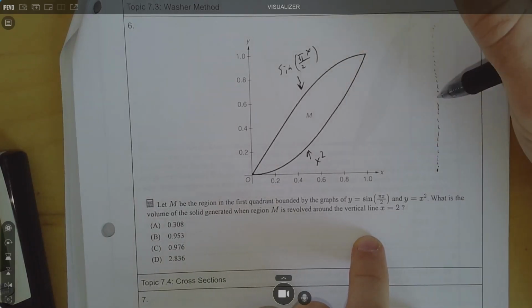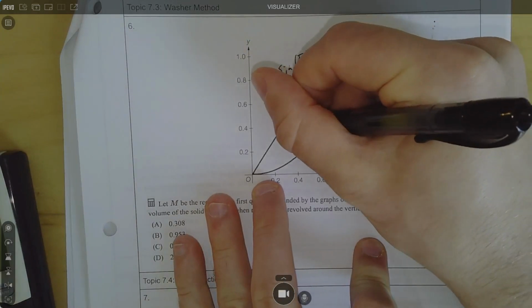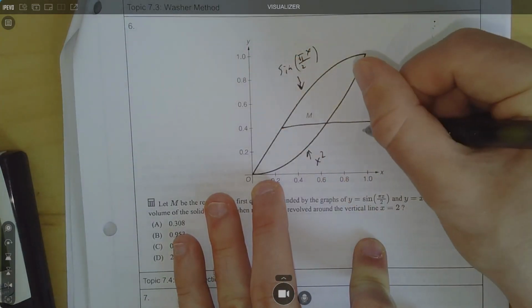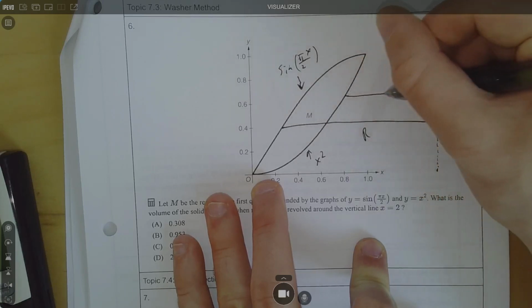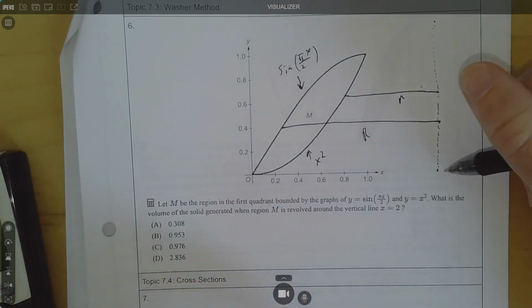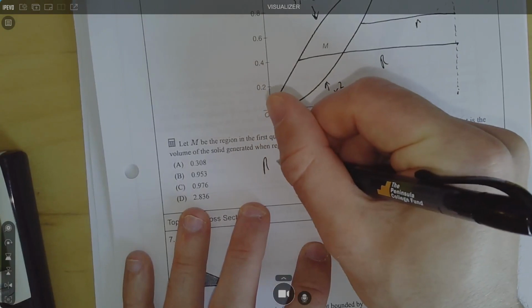Okay. So we need, if this is my axis of rotation, I need to identify a big R and a little r. So my big R is going to be from here to the furthest, and then my little r would be from that axis of rotation to the closer one. So my big R, put it down below, you always do right minus left. Remember right minus left?